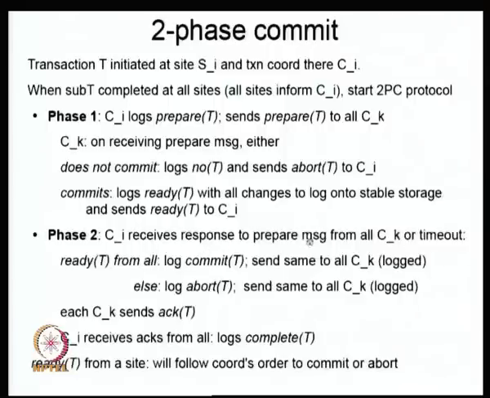So, the coordinator receives responses to the prepare message from all, and in case it is ready T from all, everybody says that their subtransaction succeeded, then you log commit T. Basically, the coordinator got a message from everybody that everybody is okay with proceeding with the main transaction. So, the coordinator now logs commit T, and it sends that message to everybody else. And each party who gets it also logs that message that it is commit.